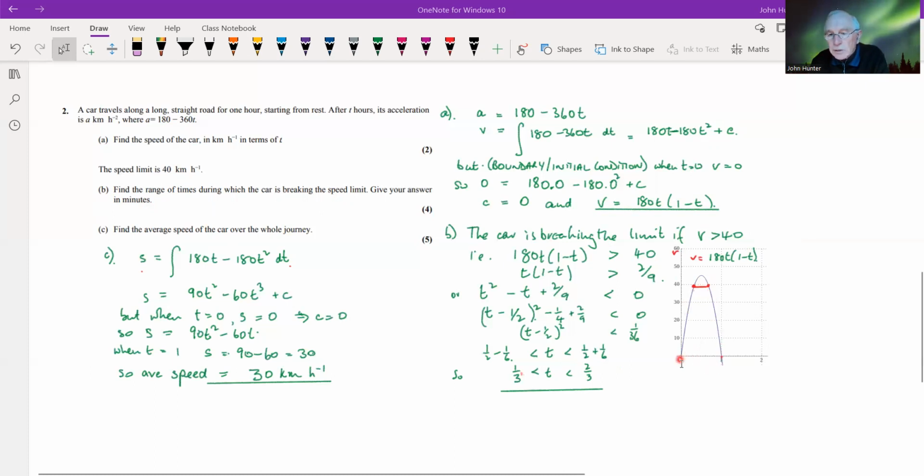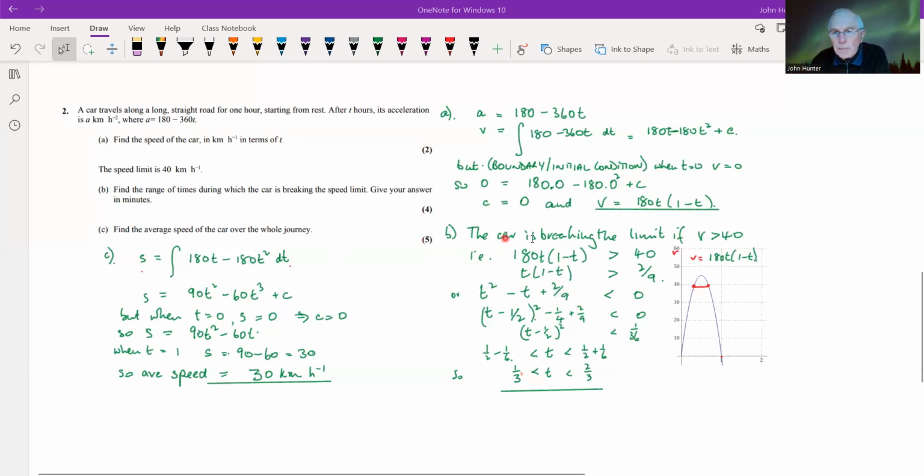Quite interesting, really, because it's got positive velocity for an hour. We're not actually interested in what happens outside that hour, but if we were, we'd actually be into negative velocity after 1 hour. But yeah, just that 1 hour period is what we're actually interested in.